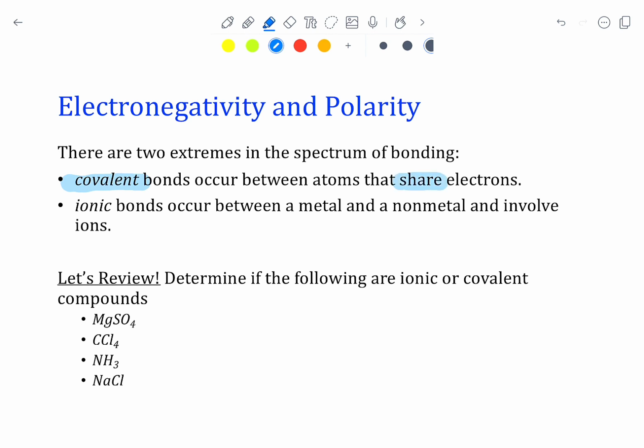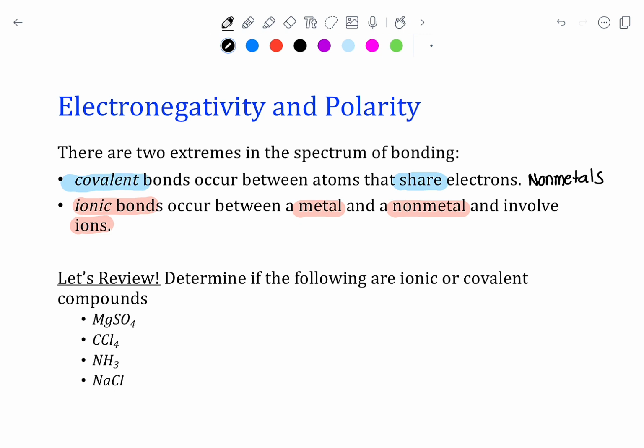Remember, that's our big difference between covalent and ionic bonds. Ionic bonds occur between a metal and a nonmetal, and those involve ions. So we can even break this down further. We share electrons, and these are between nonmetals for covalent compounds.